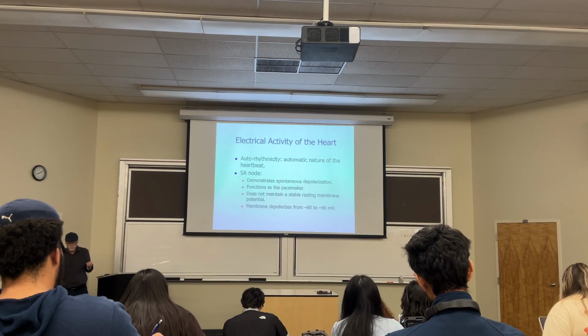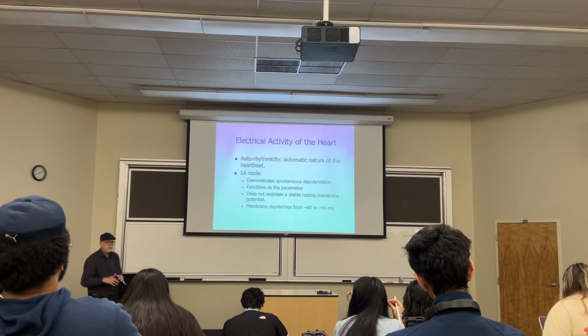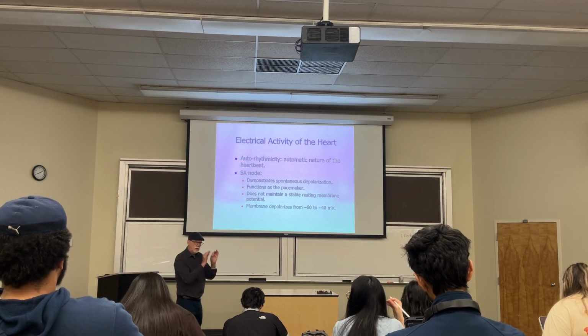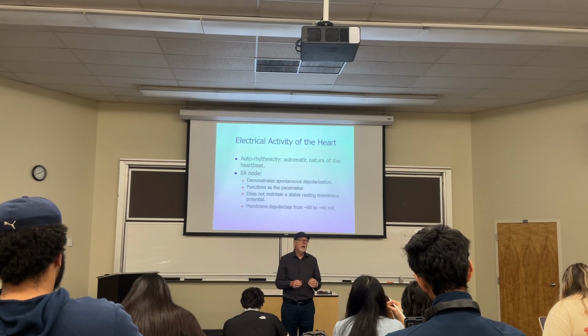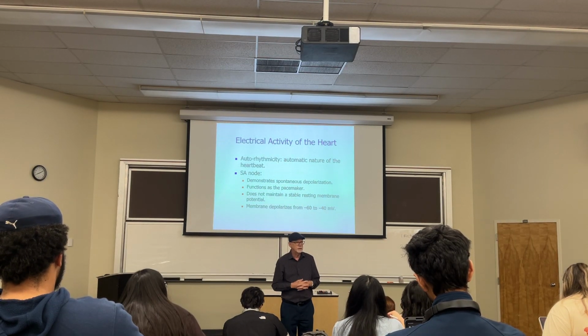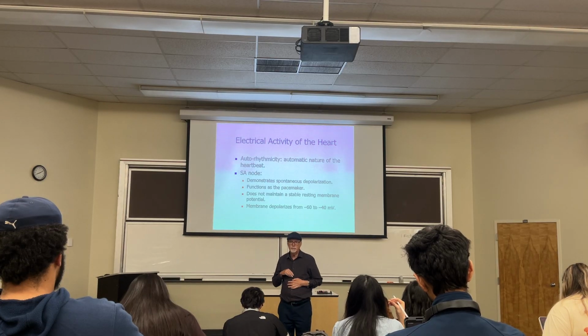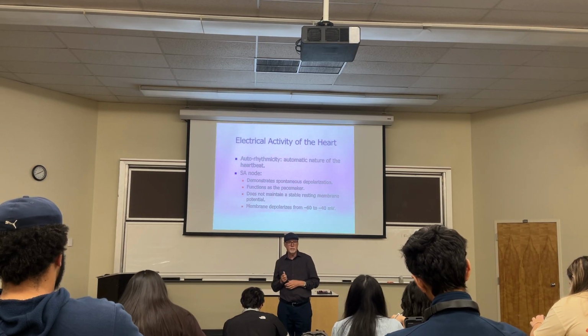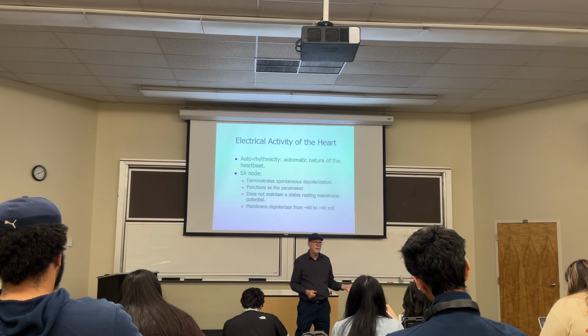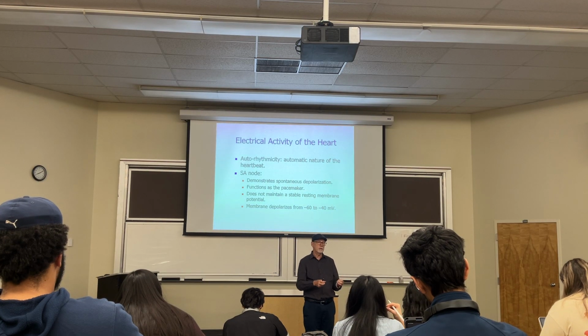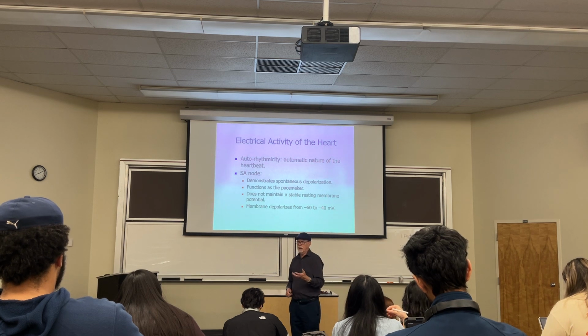First of all, the resting membrane potential in this little clump of cells that we call the sinoatrial node is about -60 millivolts. Not -70, which we see primarily in the neuronal system, and not -80, which we see in the ventricular muscle system, but about -60.